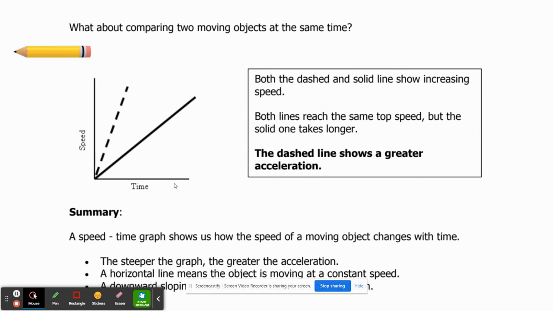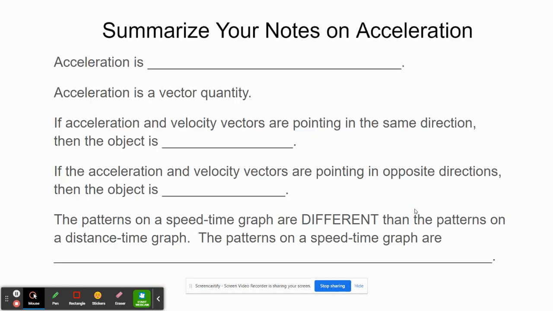So yes, we want you to draw this in and we want you to write these words in your notes. This is a lot, okay? Acceleration is, just write your summary, put down a basic definition. It's a vector quantity. If both acceleration and velocity vectors are pointing in the same direction, tell me what the object's doing. If they're pointing in opposite directions, tell me what it's doing.